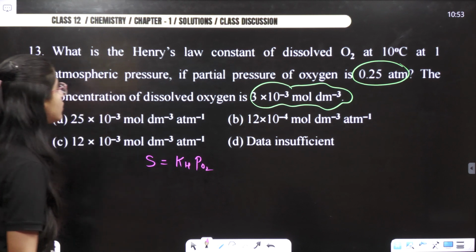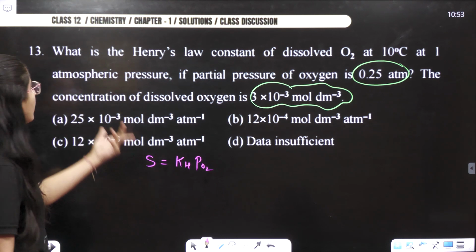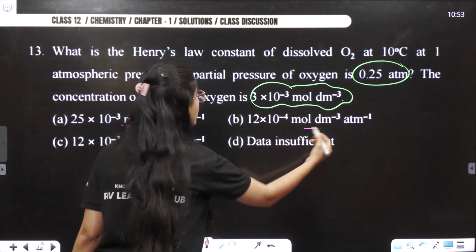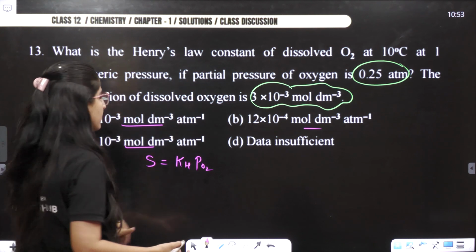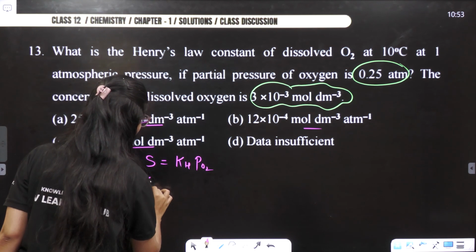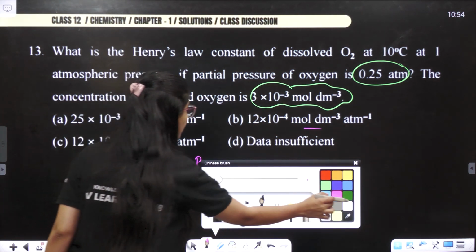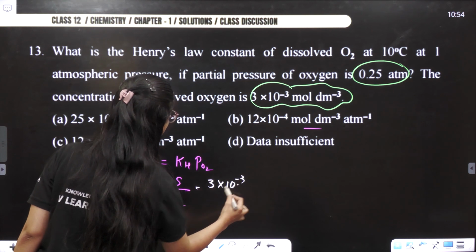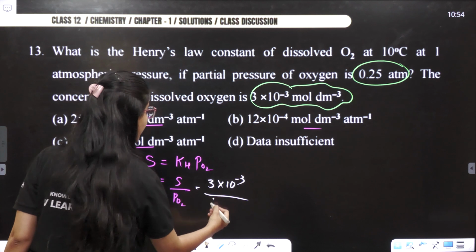As you're talking in terms of concentration, and in the options also, the Henry's law constant is given in terms of mole per dm cube, so here solubility is in terms of what? Molarity. So molarity is given clearly. So here Kh will be equal to solubility divided by partial pressure of oxygen. So solubility is given as 3 into 10 raised to minus 3, and partial pressure is given as what? 0.25 atmosphere.